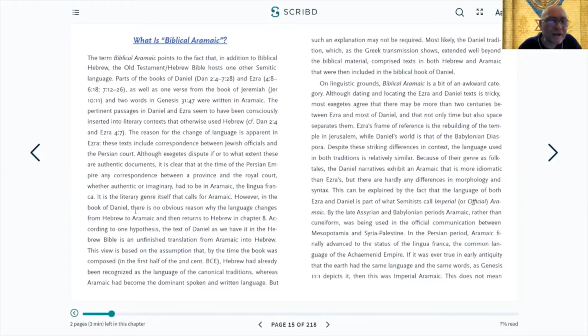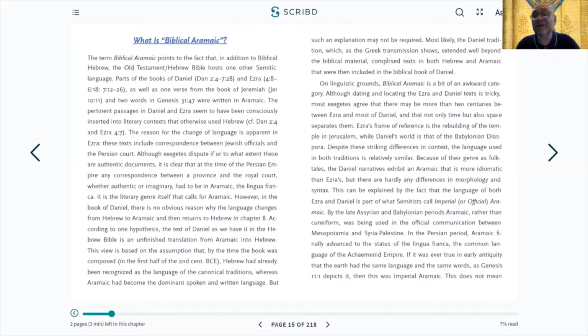However, in this book of Daniel, there is no obvious reason why the language changes from Hebrew to Aramaic and then returns to Hebrew in chapter 8. According to one hypothesis, the text of Daniel, as we have it in the Hebrew Bible, is an unfinished translation from Aramaic into Hebrew. This view is based on the assumption that by the time the book was composed in the first half of the 2nd century BCE, before Common Era, we could just say before Christ or before Messiah, Hebrew had already been recognized as the language of the canonical traditions, whereas Aramaic had become the dominant spoken and written language.